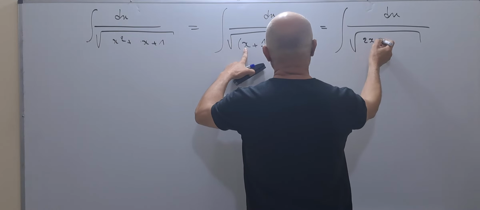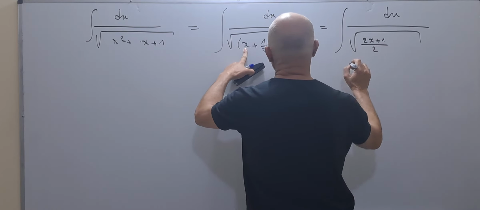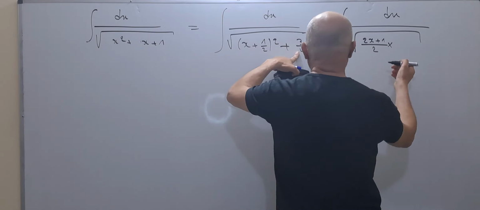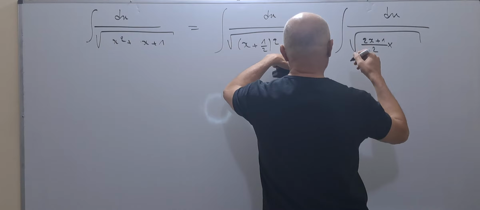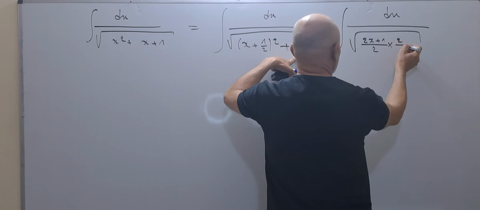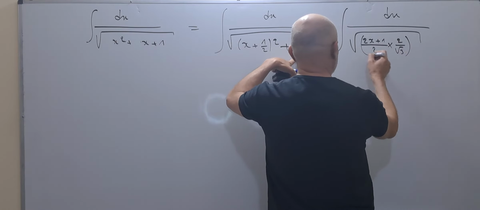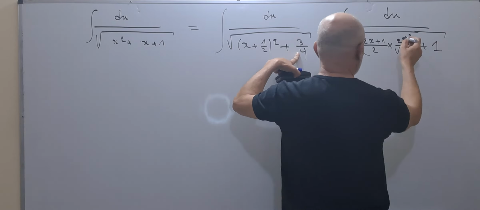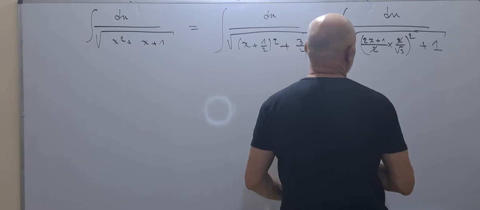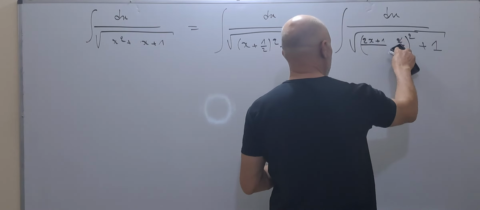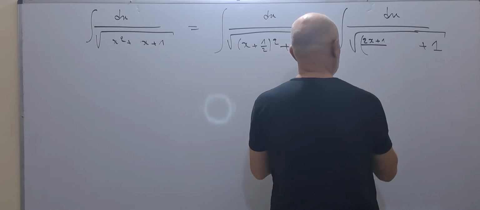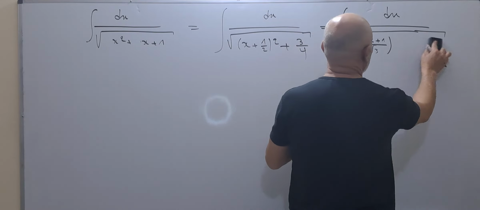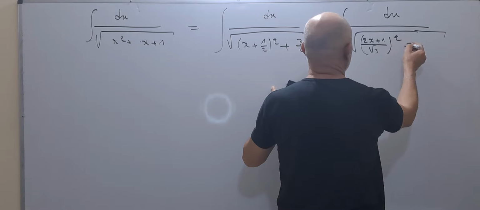which is equal to dx over the square root of 2x plus 1 over 2 times m, where m is the square root of 3 over 2, so 2 over the square root of 3 squared plus 1, so this is constant, and we get just the square root of 3 squared plus 1.